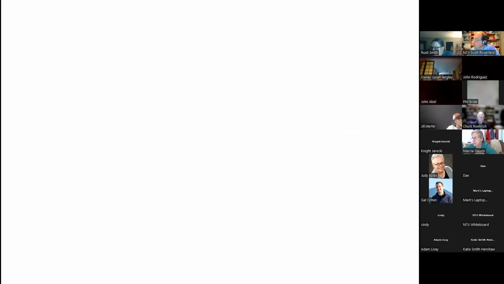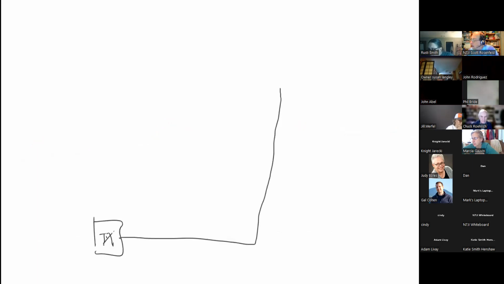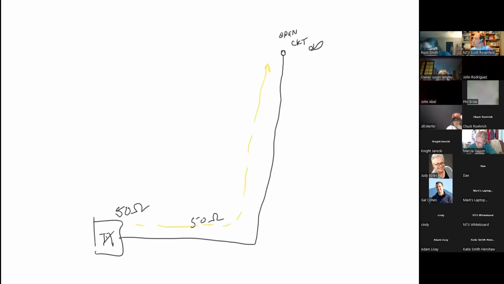Let's say that you have your transmitter down here, and you go through your feed line, and your feed line is 50 ohms, and this is 50 ohms, and you have an open circuit, which has an impedance of basically infinity. There's no antenna hooked up. Your signal goes up the feed line. It gets to this point where it has to decide something.